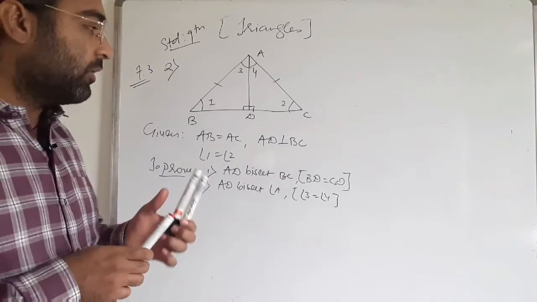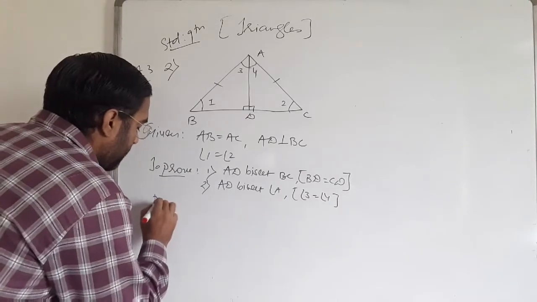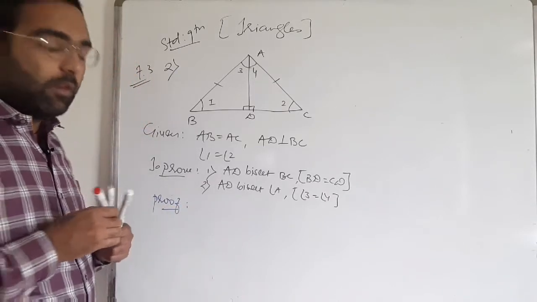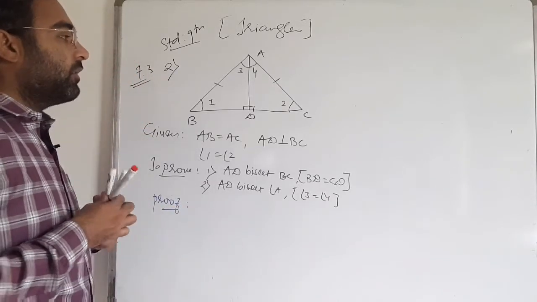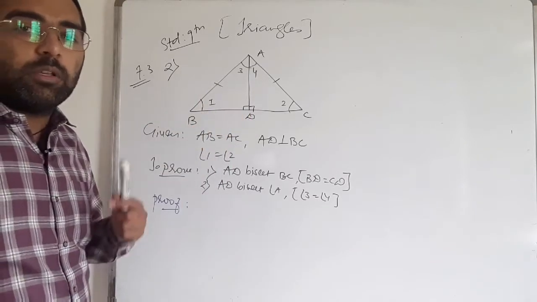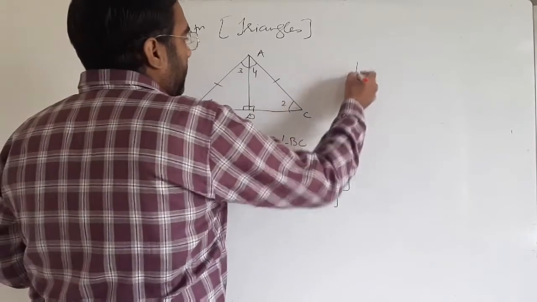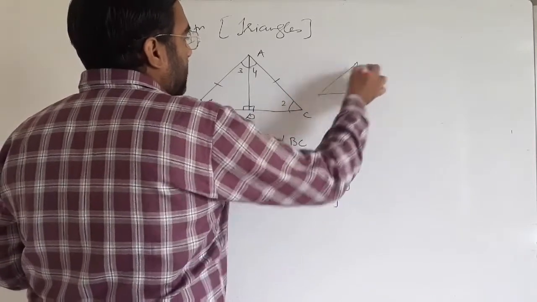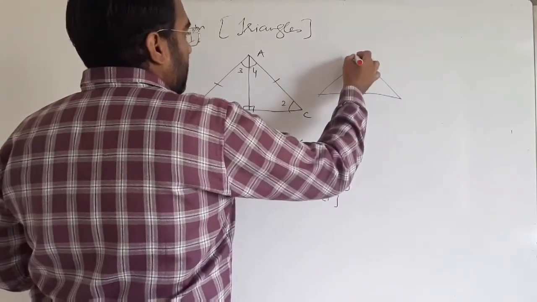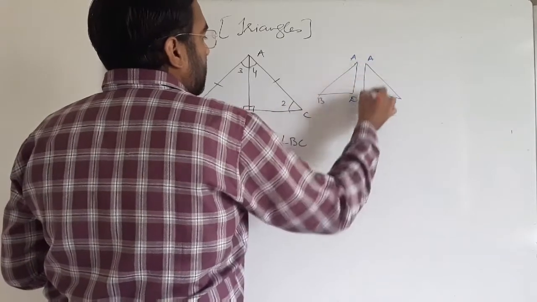Now we have to move to the proof. For the proof, we have to take these two triangles for congruency. First of all, I'll draw those triangles, ADB and ADC.